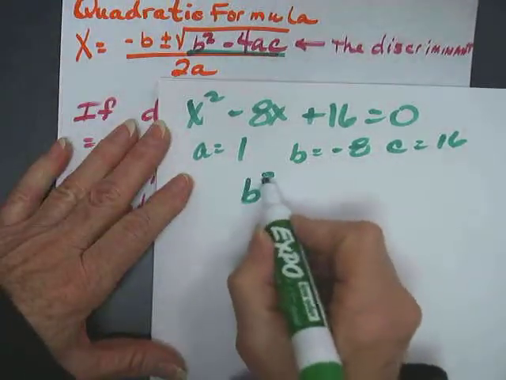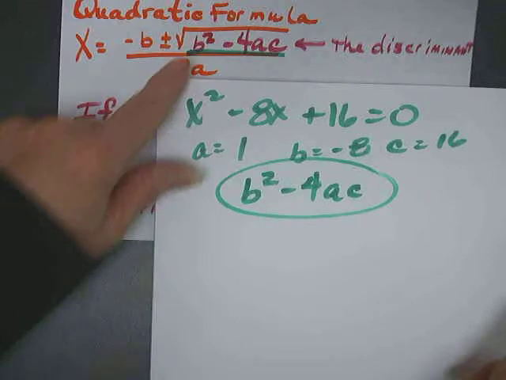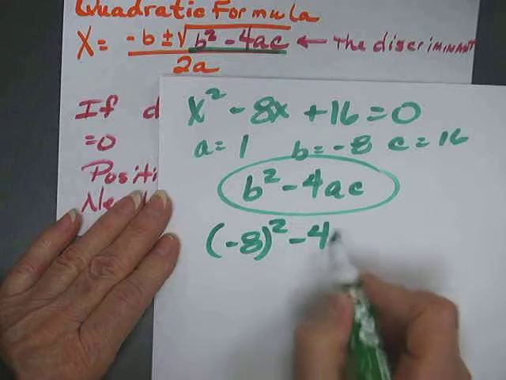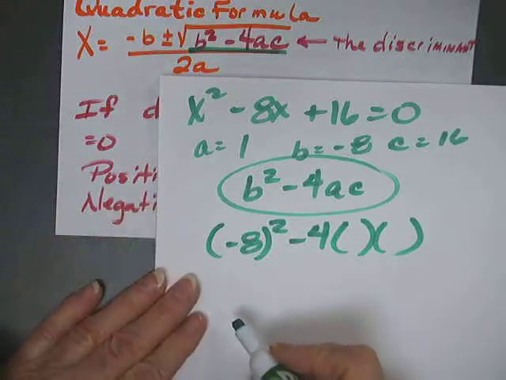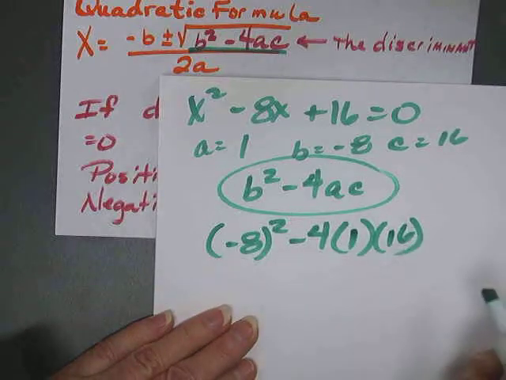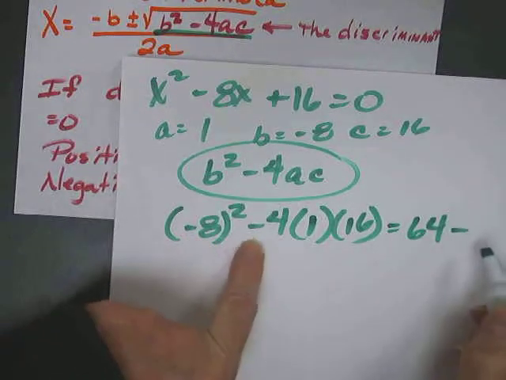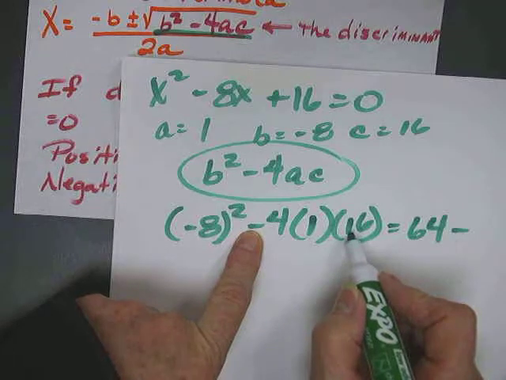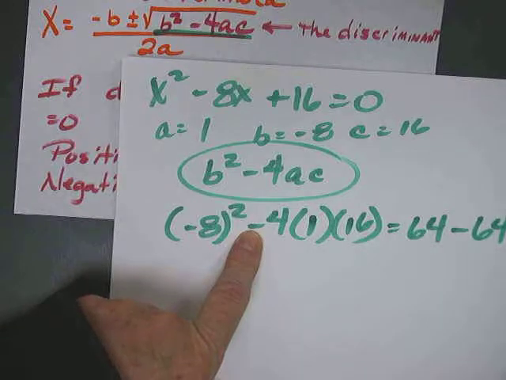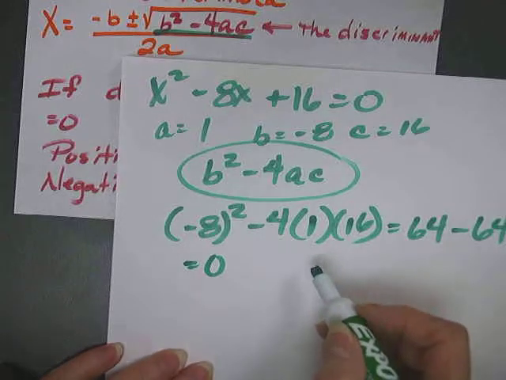We're only doing the discriminant part, not the whole quadratic formula. We don't want the answers, we want the nature of the answers. So we have b squared minus 4ac. a is 1, c is 16. What is negative 8 squared? 64. 4 times 16? 64.